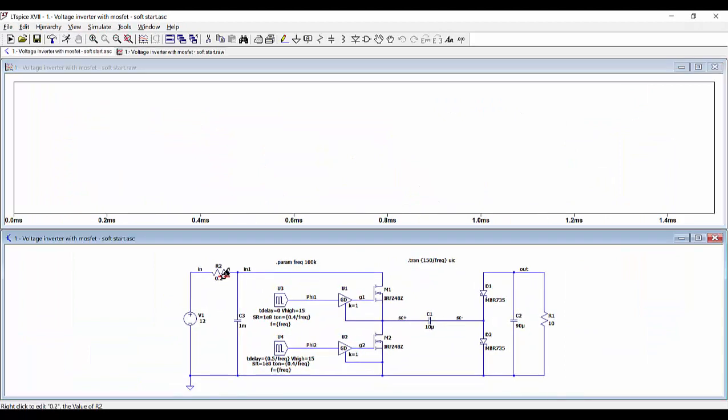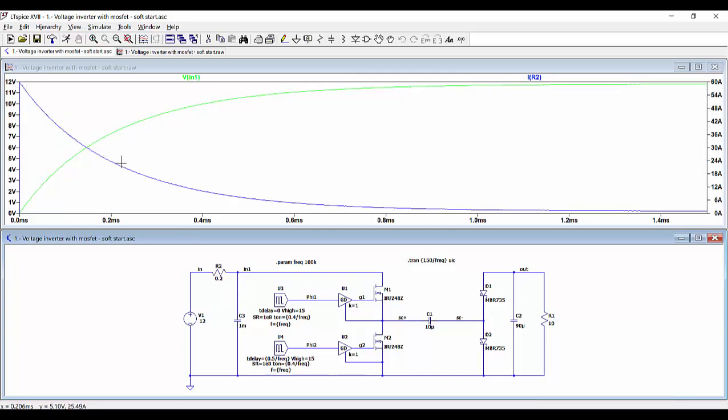We can check, for example, the input voltage here, so we can see how it is increasing until reaching the final value, and we can also check the current circulating at the input before the RC filter. We can see how the current starts with a maximum value of around 60 amperes and then reaches the final value in steady state.